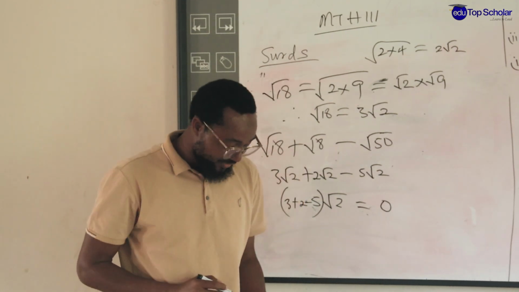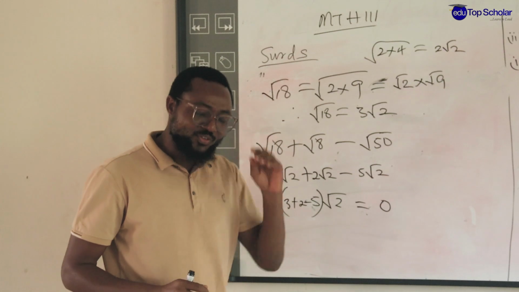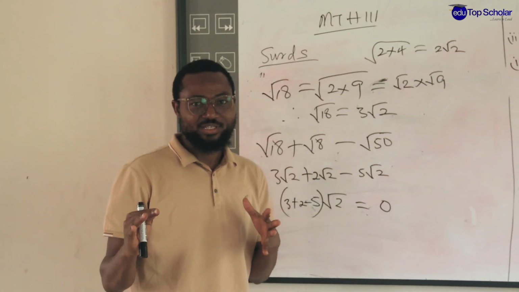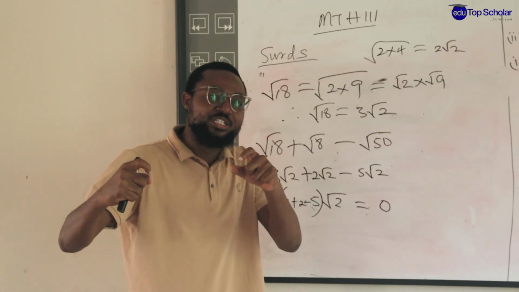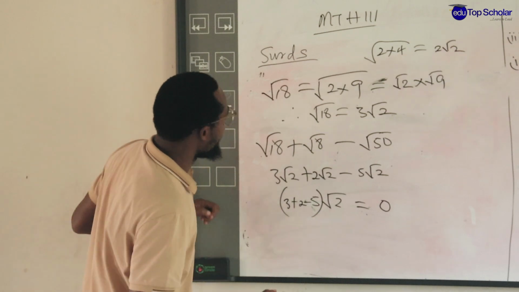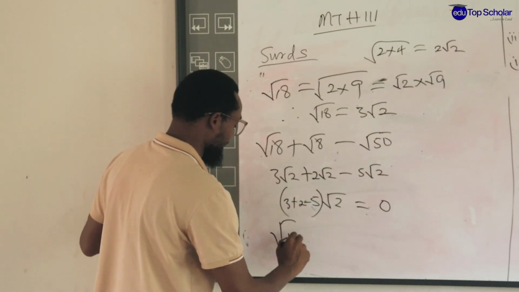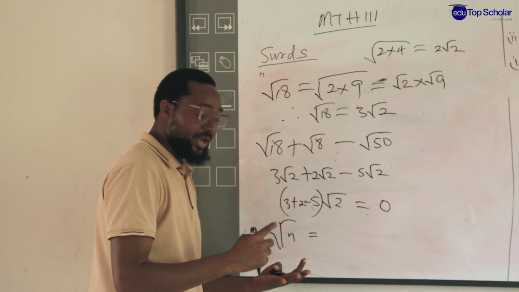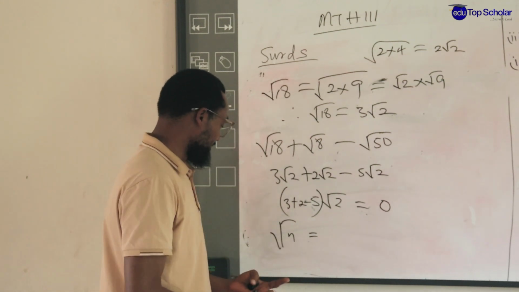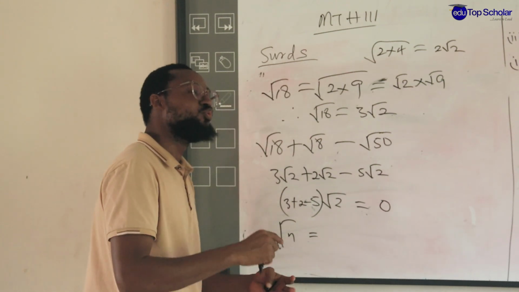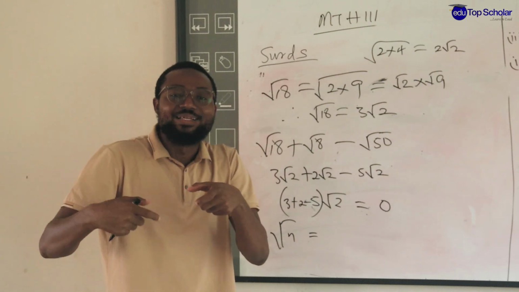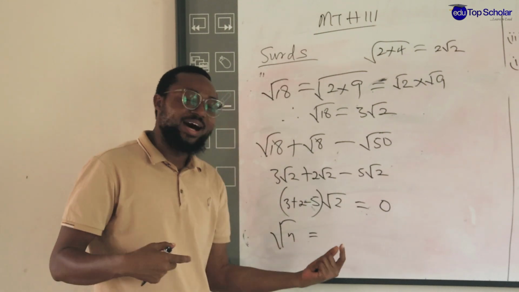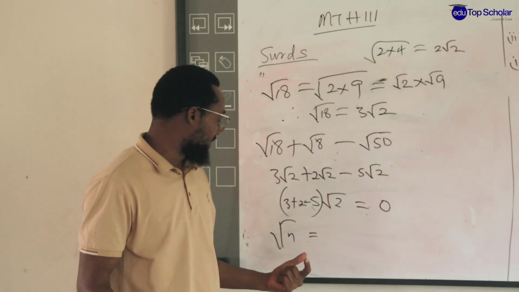Now, having said this, we have some basic surds, the ones that are not reducible. If we have root n, for example, and our n is 3, or any prime number, 7, 10, for example, they do not have factors that have an exact square root.